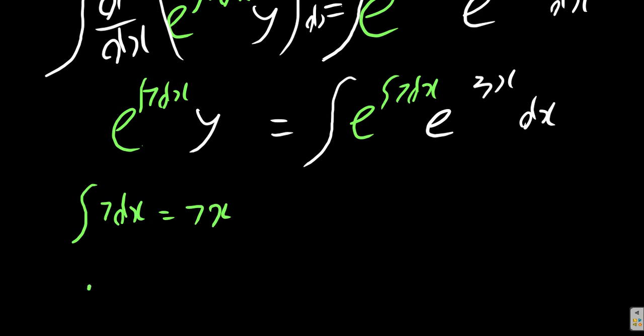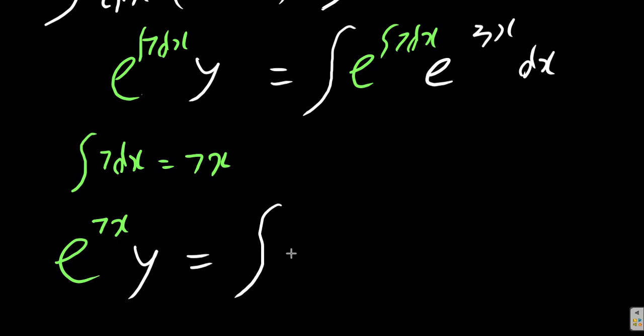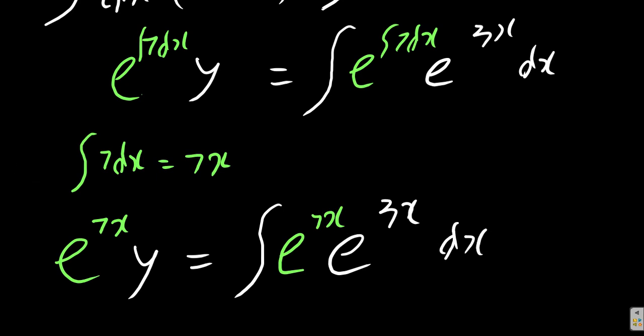So what we have on the left hand side now is e to the 7x times y equals the integral of e to the 7x times e to the 3x dx.